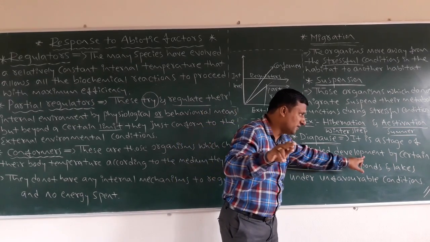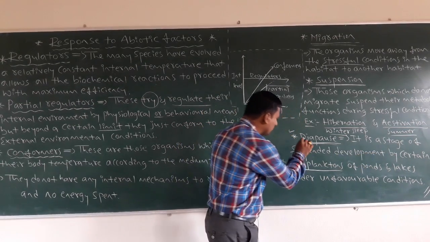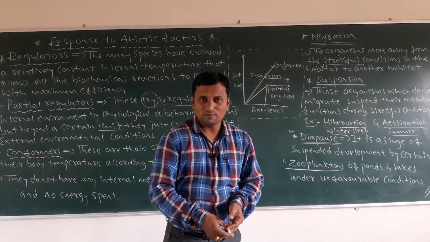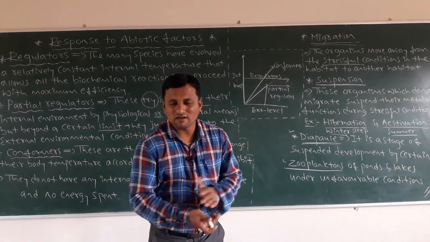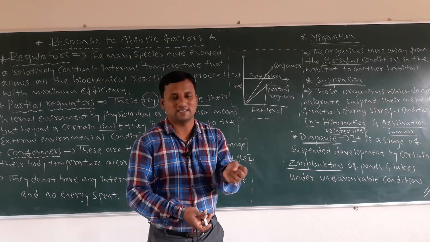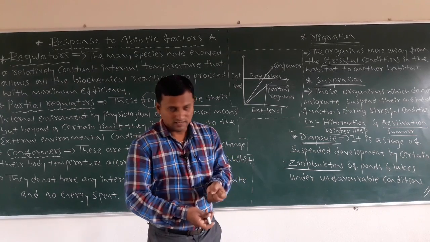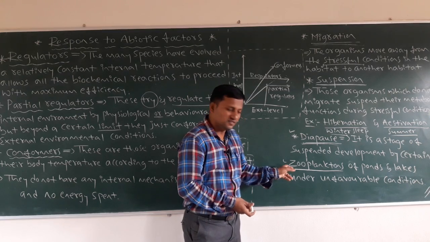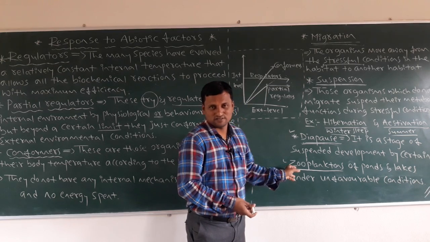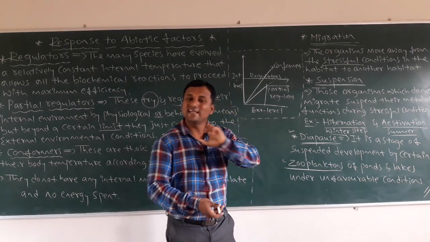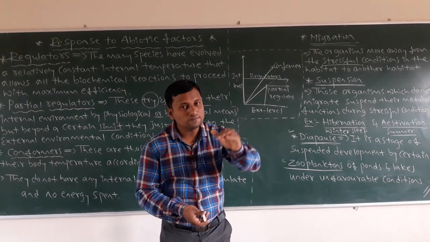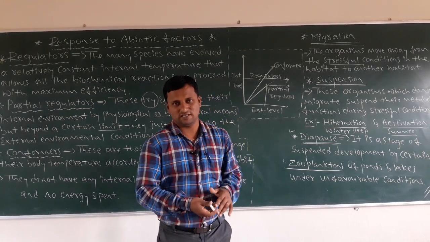Okay, suspended development by certain, what are those? Zooplanktons. Those microorganisms, those organisms present in water, the animals. There are two types: one is phytoplanktons, another is zooplanktons. Zooplanktons are related to animals, phytoplanktons are related to plants, both present in water bodies.